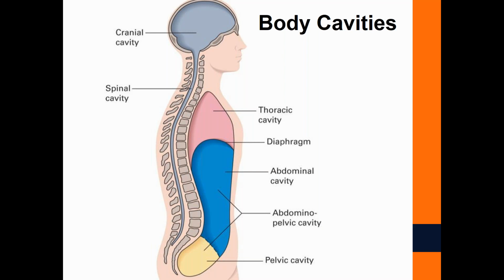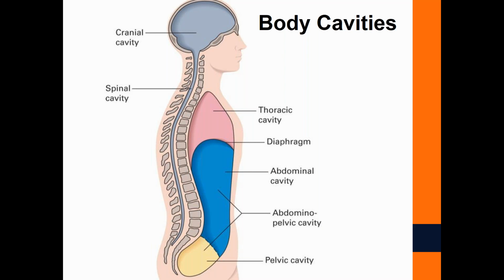Now, as we get into the lower portion of the abdominal pelvic cavity, we start getting into more of the organs of digestion. So colon, the large and small intestine, and working our way out towards the bottom, we get into the now actual pelvic cavity, which is where things like the urinary bladder lives.